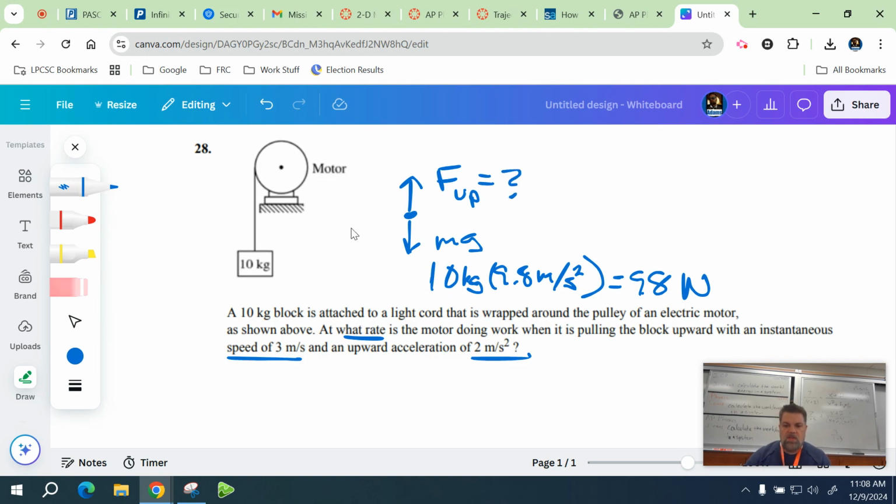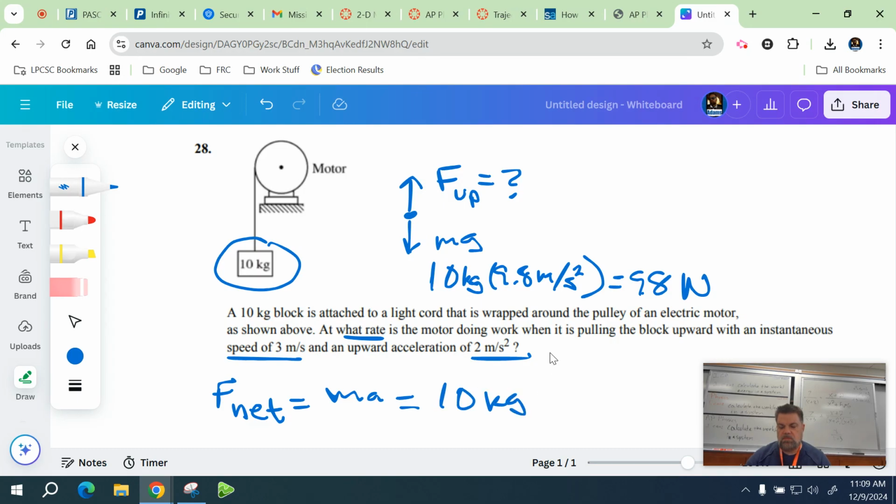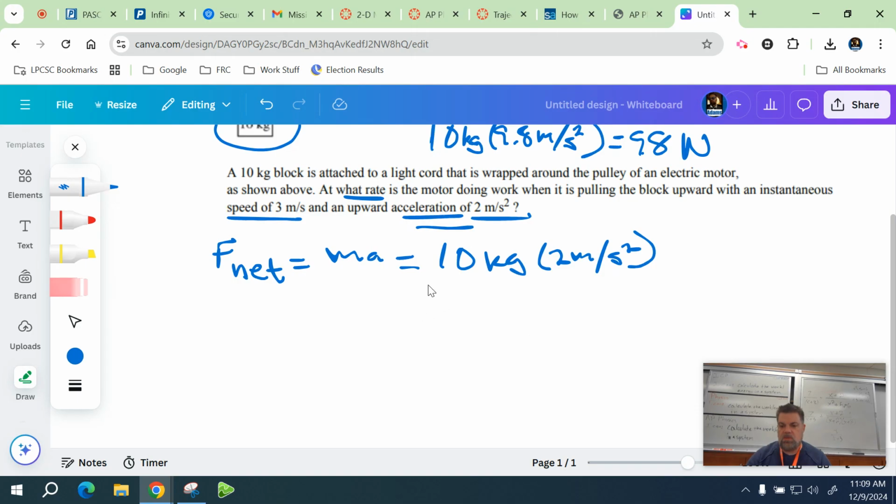The other thing I know is that the net force of this is equal to the mass of the object times the acceleration. In other words, if I just focus on the mass of this object, which is 10 kilograms, and the acceleration of this thing, which is 2 meters per second squared, then we get the net force is equal to 20 newtons.